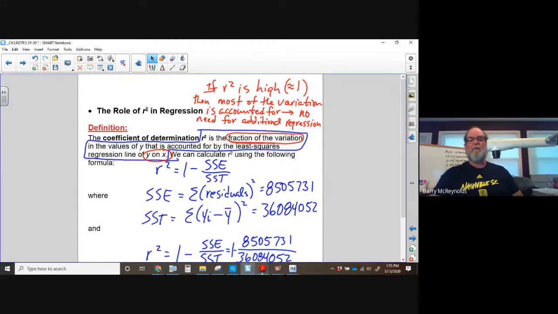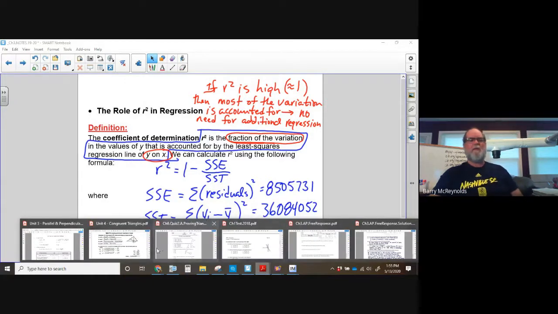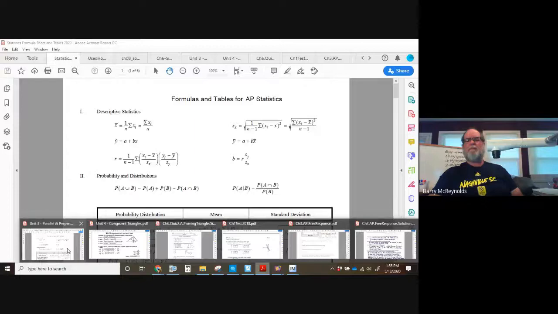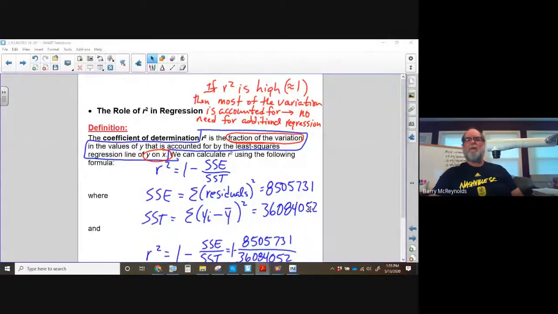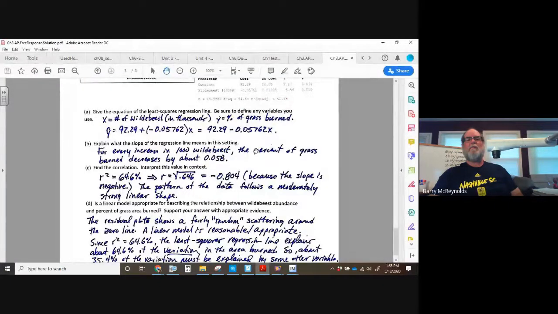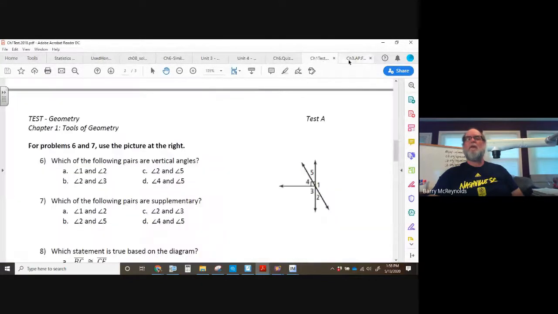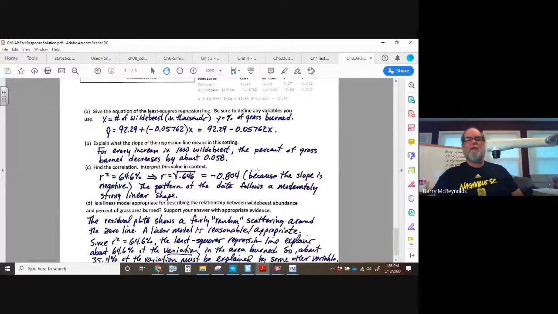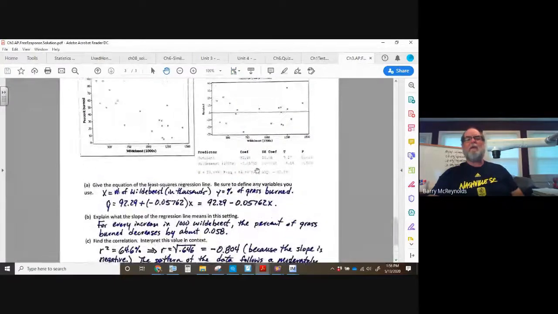And so let's go back to the wildebeest example. Did I just, I did, I just deleted it. But so R-squared is 64.6.